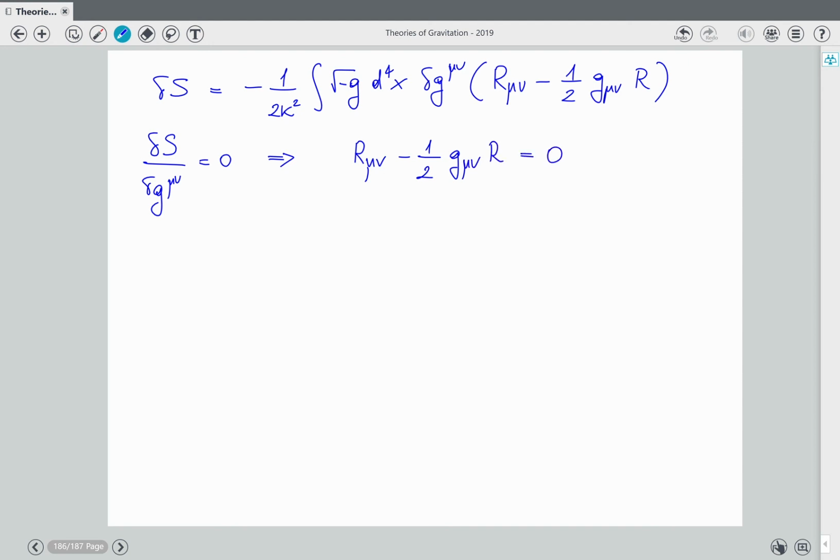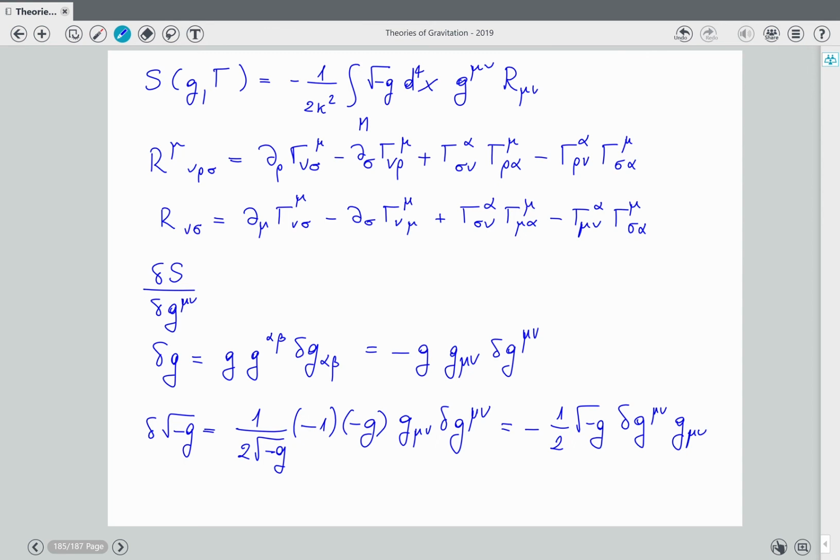And then you may want to do the variation with respect to gamma. And we can do that, but first we will not do that, but we can reorder the action as far as its dependence on gamma is concerned in a convenient way.